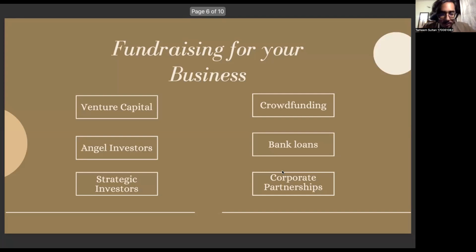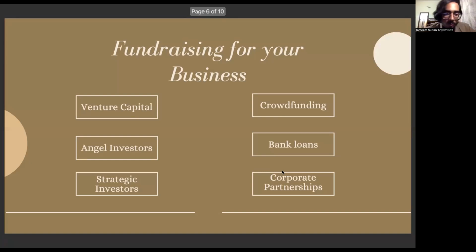Crowdfunding platforms allow entrepreneurs to raise funding from a large number of individuals in exchange for rewards or equity. This can be a very good option for businesses with a strong social media presence and a compelling story. Although crowdfunding platforms in Bangladesh are not developed enough to support most of our local ventures.